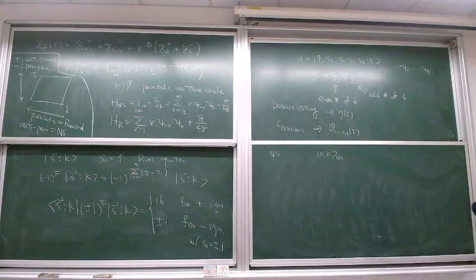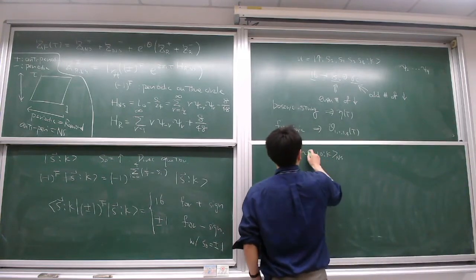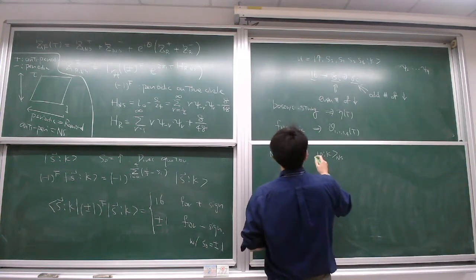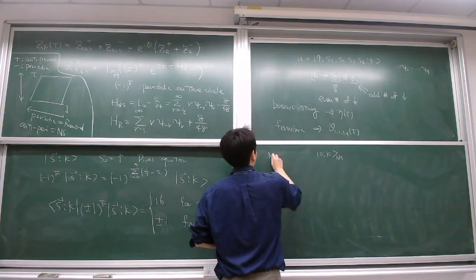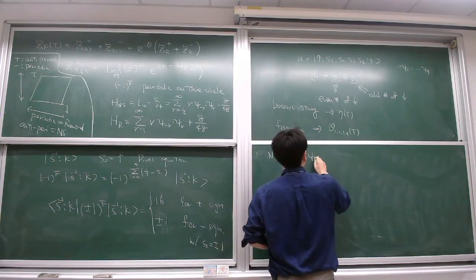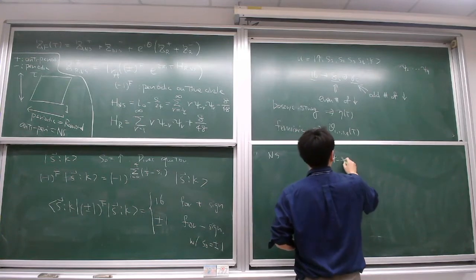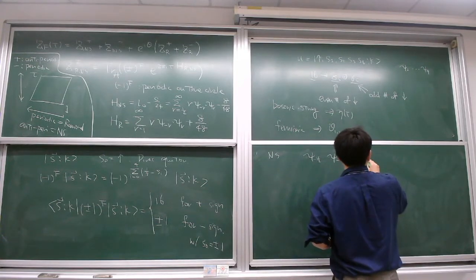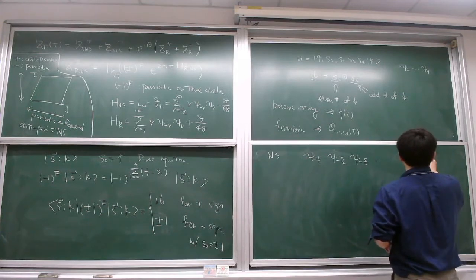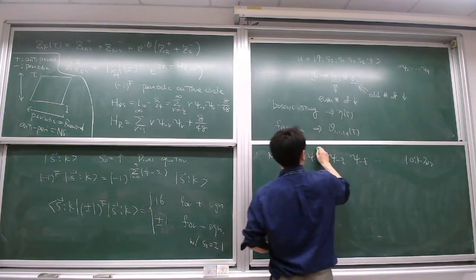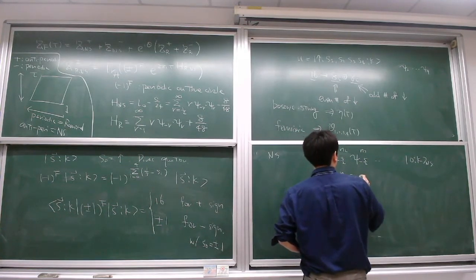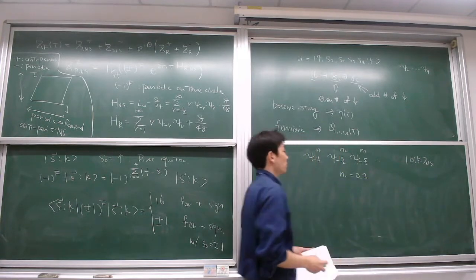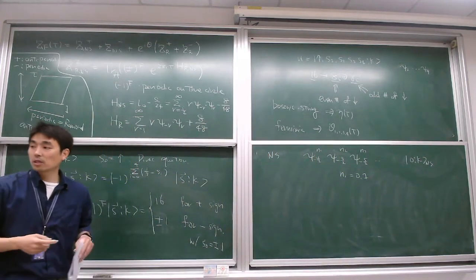But let's first consider without considering GSO projection. In this sector, you can just have a Fock space: psi_{-1/2}, psi_{-3/2}, psi_{-5/2} acting on the vacuum, with powers N1, N2, N3, and so on. And each N_i is either 0 or 1 because of Fermi statistics. That's how you create a Hilbert space.